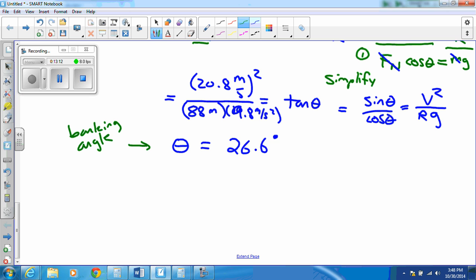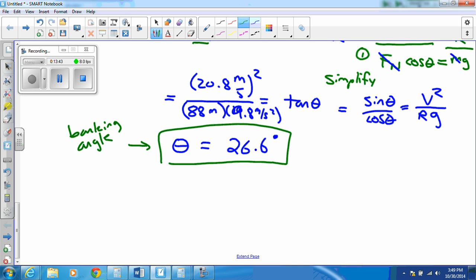And civil engineers would use the same process that we just did right here to solve for an angle such as this, to know how to build the road so that it will be safe at a moderate speed. And that angle or something close, that speed or something close to it is the speed that they'll put on the yellow sign that goes right next to the curve that says curve 30 miles per hour.